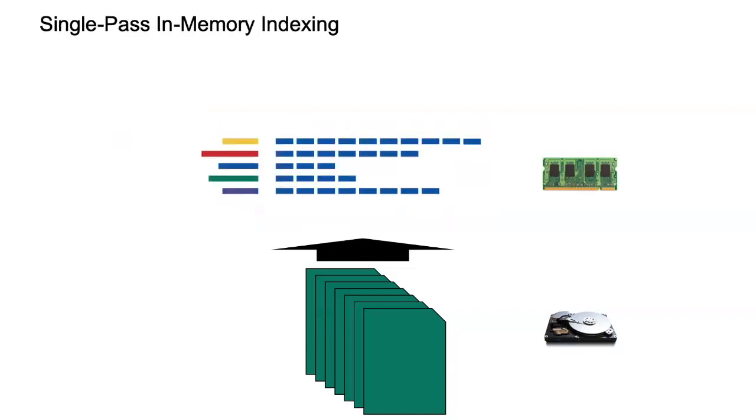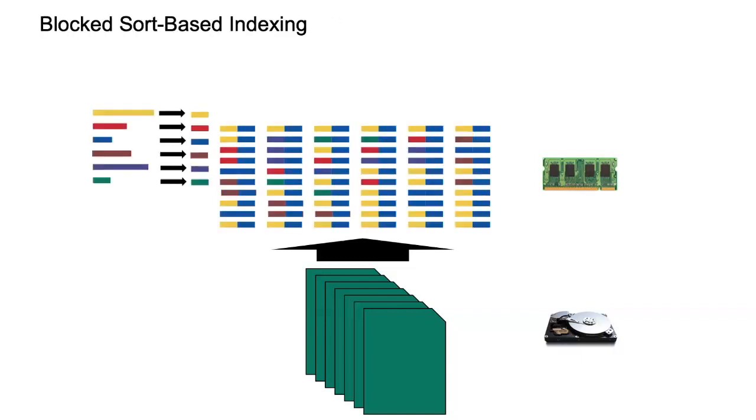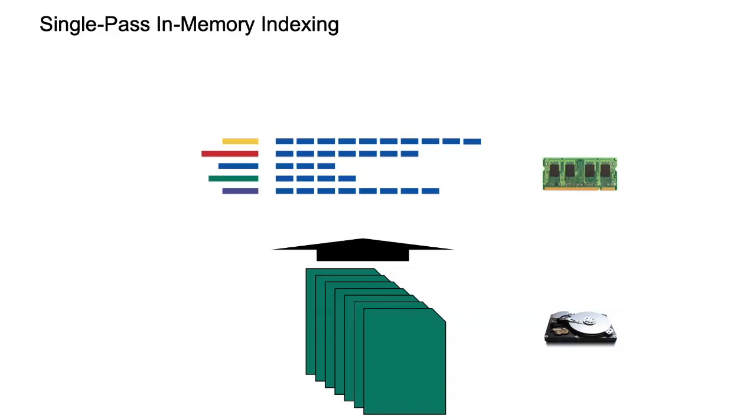Then comes what I would call the second generation indexing with a few improvements over the first one. And one of the improvements was that we get rid of the term ID encoding, just because we found a better way here, which is that you directly build partial inverted indices.